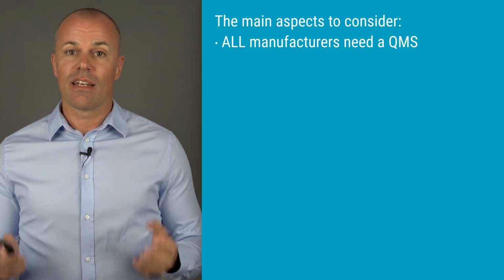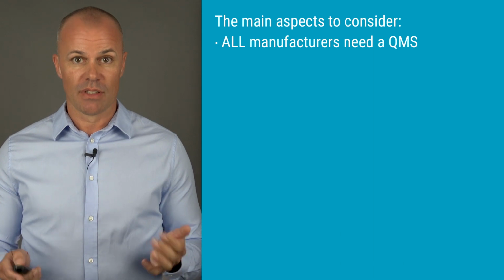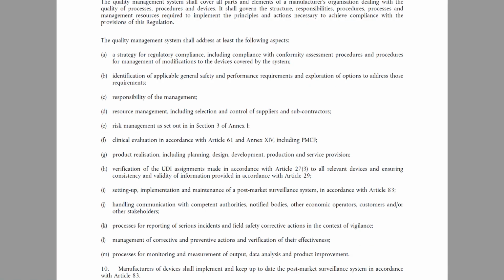Article 10 introduces some requirements that are very important. The main takeaway from this article is that all medical device manufacturers shall have a QMS, a quality management system, including, among others, a process for product realization, post-market surveillance system, or PMS for short, and vigilance management.